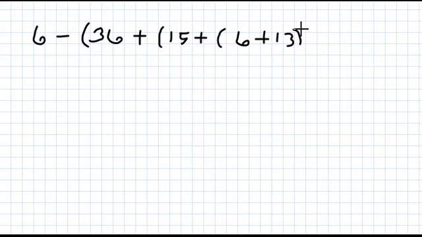Close parentheses, close another parentheses, and close another parentheses. So the idea here is we want to look inside the innermost parentheses and work our way out. So first, let's look at this here. So 6 plus 13 is 19.